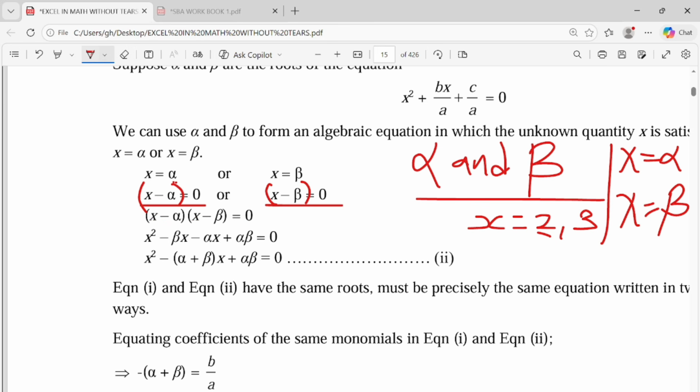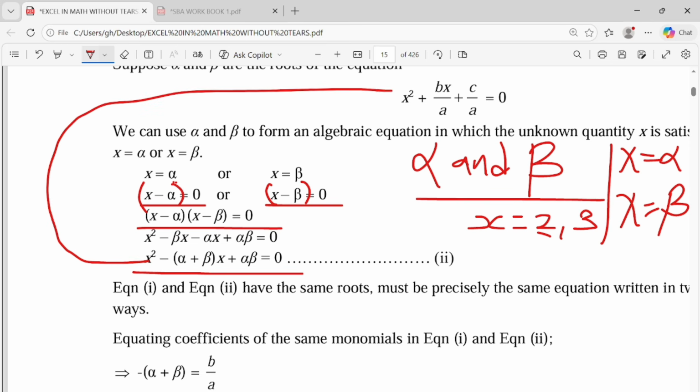So after multiplying and equating them to 0, you expand and come up with this nice expression. Then you relate it with the general expression of a quadratic equation.